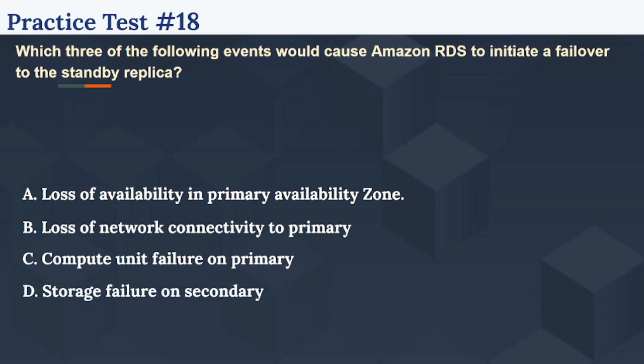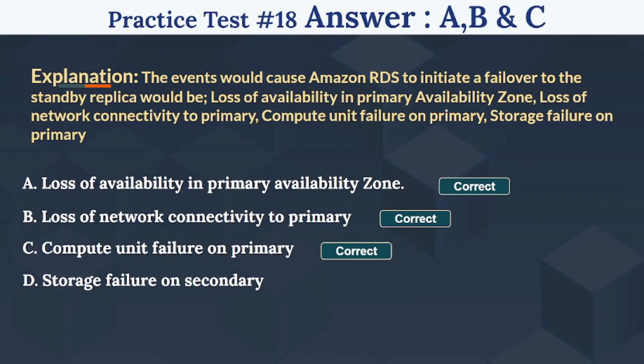Please select your answer in the next 5 seconds. 5, 4, 3, 2, 1. So the right answer is A, B and C: loss of availability in primary availability zone, loss of network connectivity to primary, and compute unit failure on primary.